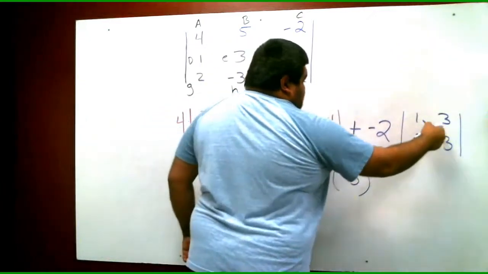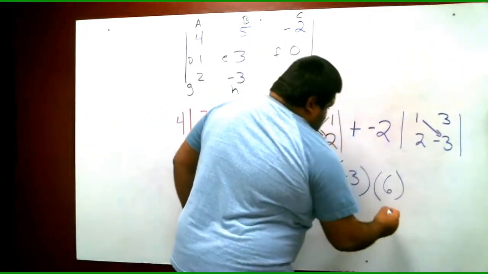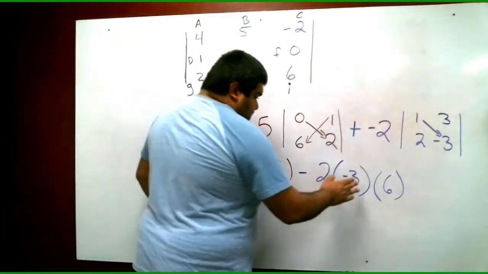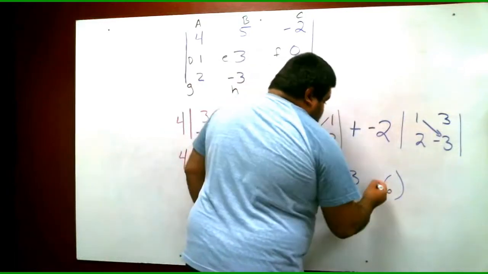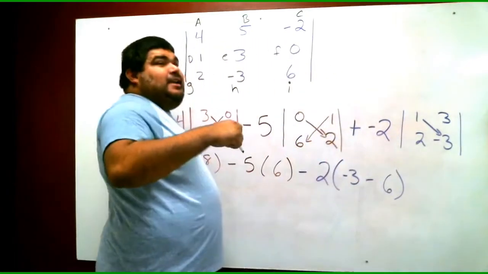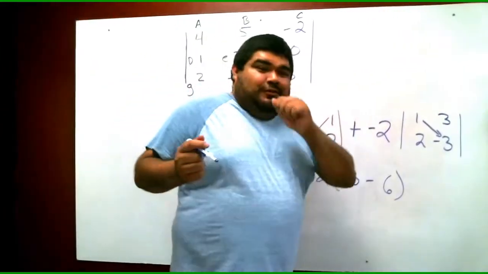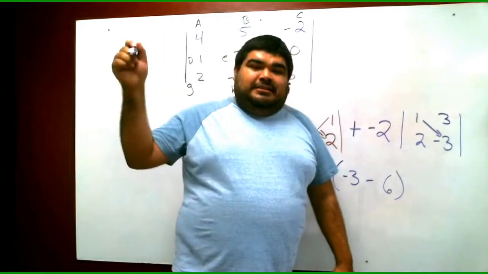And then 2 times 3, which is 6. Now that we have those numbers, remember, we're subtracting one from the other. It was A times D minus B times C.